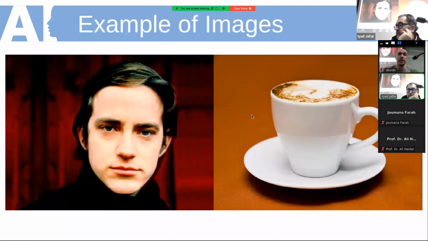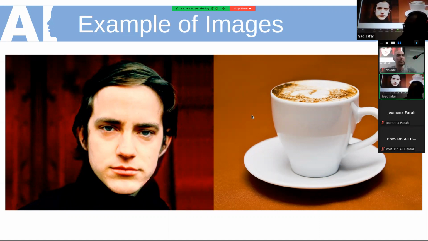In our experiment, we present this couple of images for a certain amount of time. This could be an example where on one side we have an expressive face and on the other side an inanimate object like a cup of coffee, like in this case.